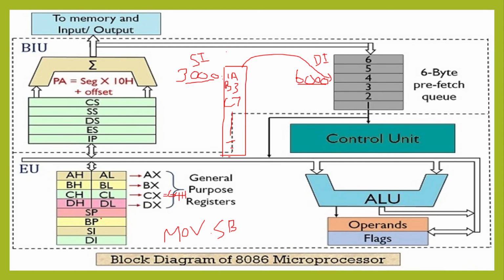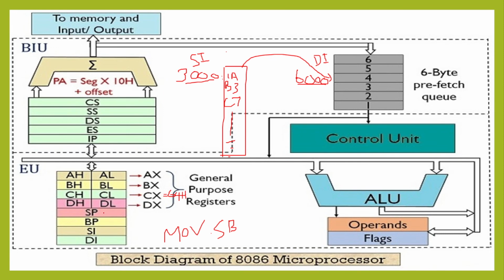Then we have pointer registers: stack pointer and base pointer. The stack pointer will provide the offset address when we access the stack segment. Stack segment will provide the starting address. Stack pointer will provide the offset address when we use push and pop instructions.